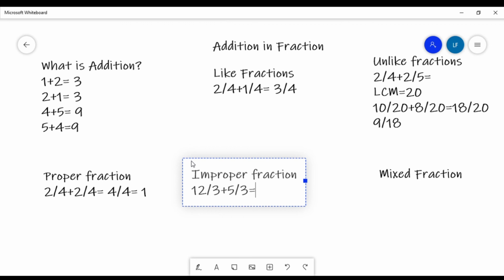So what will happen to the denominators? Well, the denominators are the same, though the numerators may be different. So since the denominators are the same, you just add the numerators and the denominator remains the same. So 17 by 3.